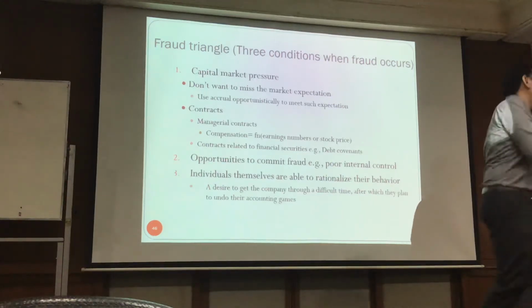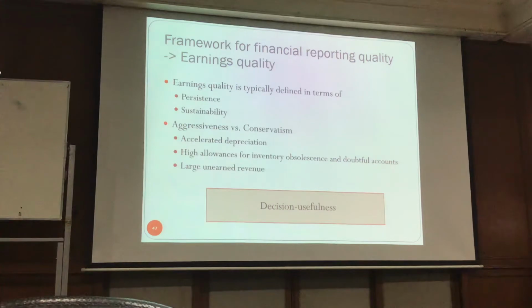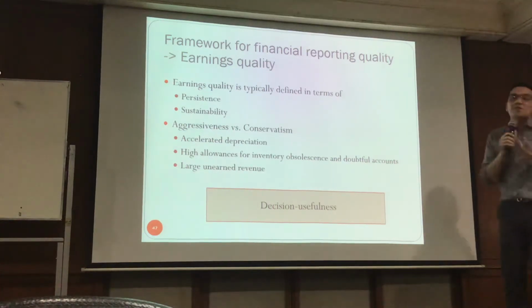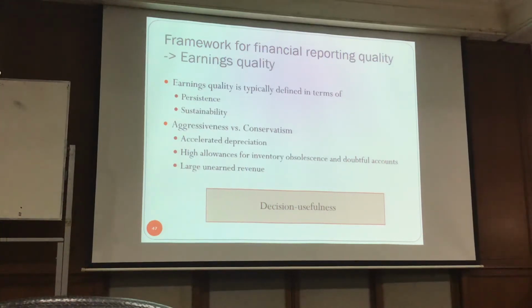Well, let's move to the next one. All right. In terms of financial reporting quality, we're going to say, on the other hand, earnings quality. If we have higher quality of earnings, it could be they have higher quality of financial reports.